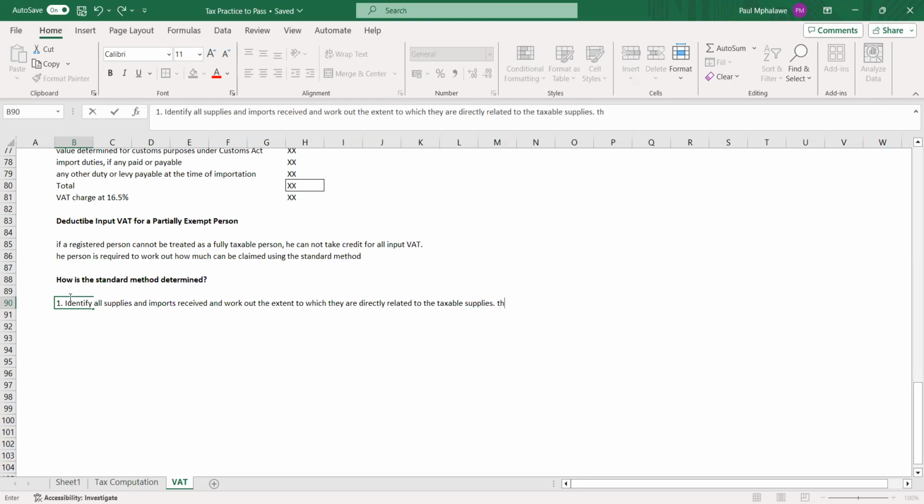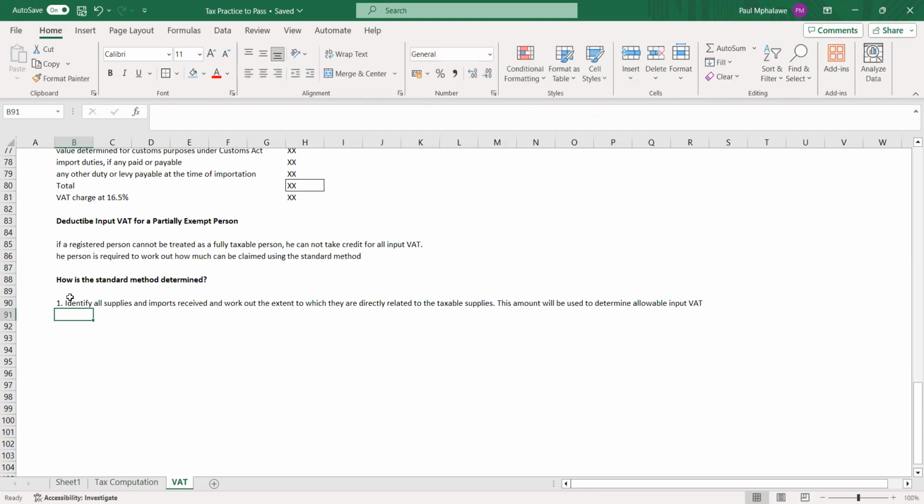So this amount will be used to determine allowable input VAT. First of all, you gotta identify all supplies and inputs received and work out the extent to which they are directly related to the taxable supplies.